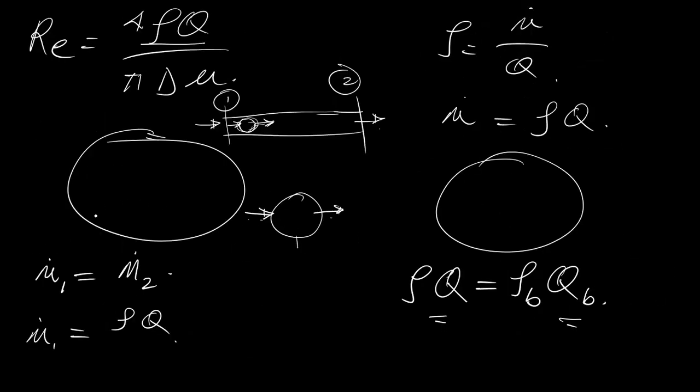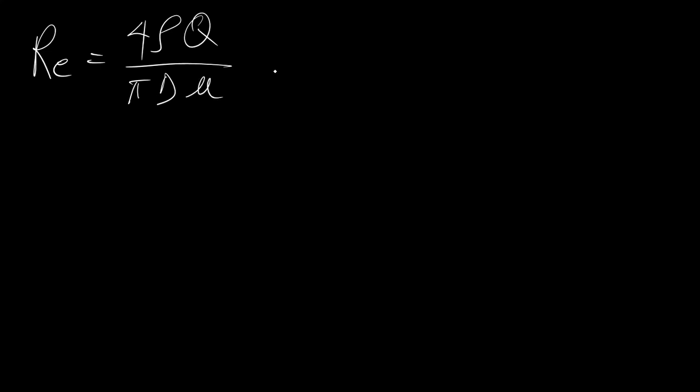So from equation 6, we have Reynolds number equal to 4 times the density of gas at any condition times the flow rate of gas at any condition divided by pi d mu.